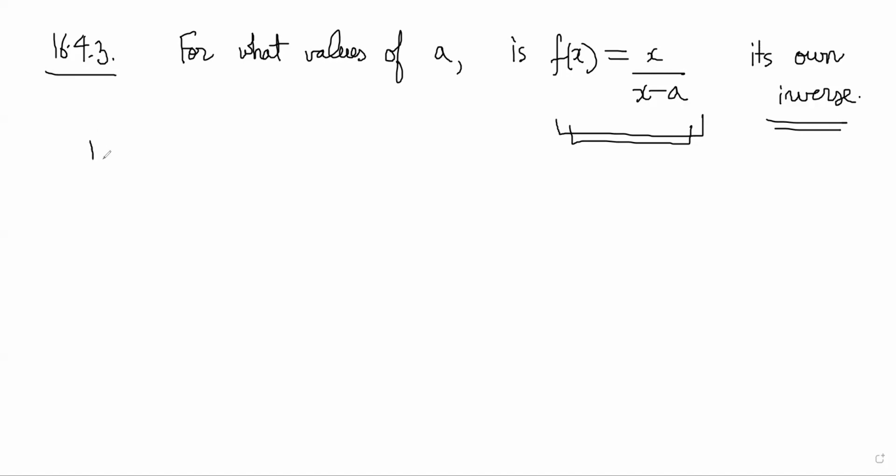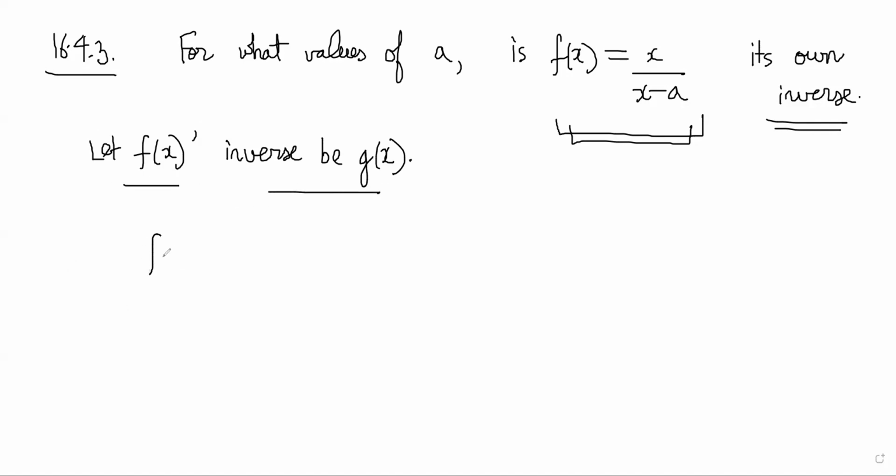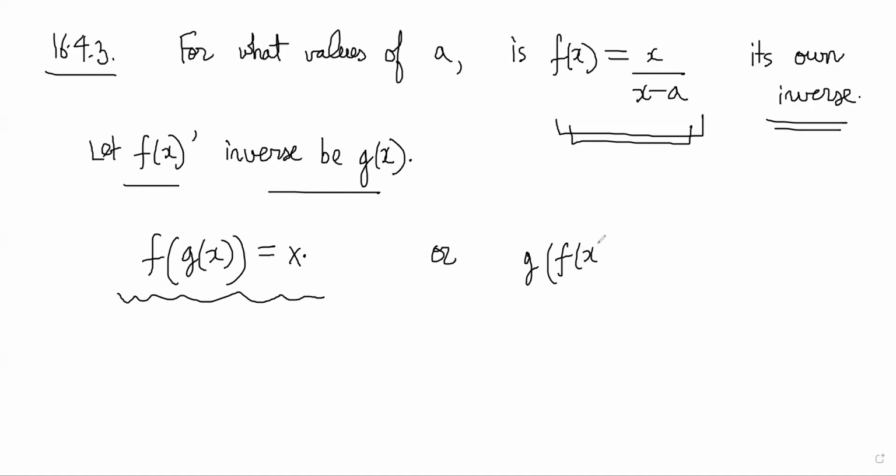Anytime you have, let's say, let f inverse of x be g of x. If g of x is the inverse of f of x, you should be able to say f of g of x is equal to x, right? Do you understand this? Yeah, I understood. Or you can say g of f of x is also x.